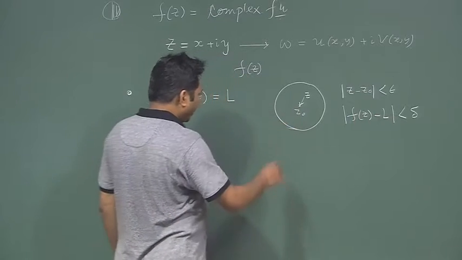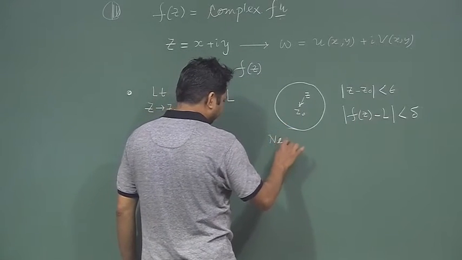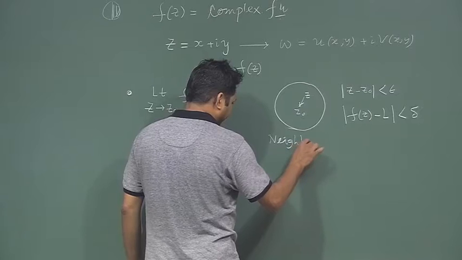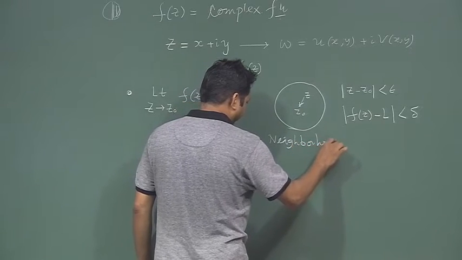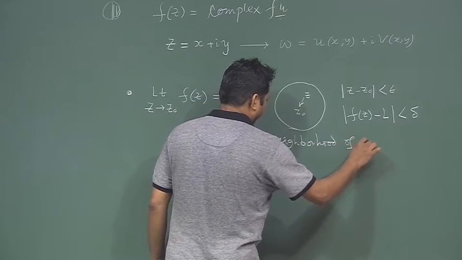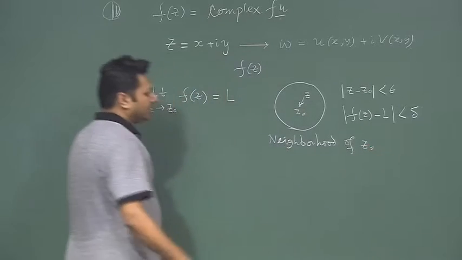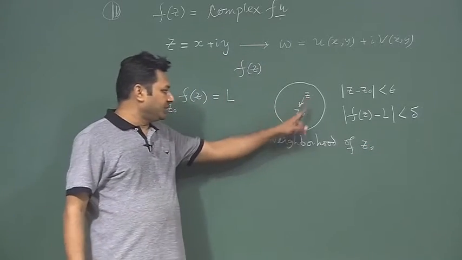This is called the disk or neighborhood of z0, and z is approaching this point.